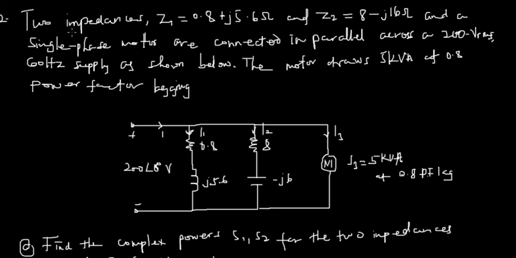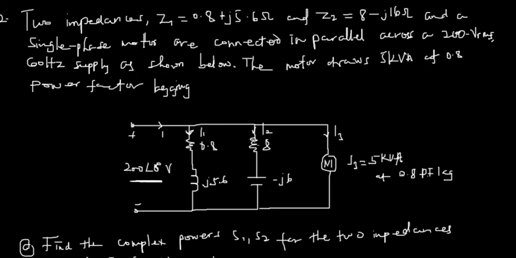We have two impedances, Z1 as 0.8 plus j5.6 ohm, and Z2 as 8 minus j16 ohm, and a single phase motor connected in parallel across a 200 VRMS, 60 Hz supply as shown below.